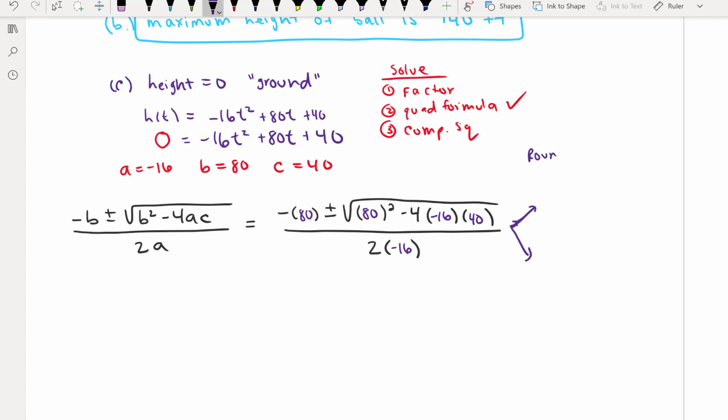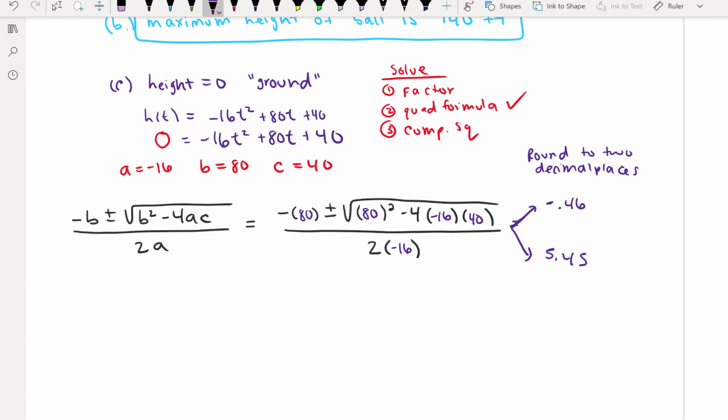So when I round to 2 decimal places, I'm going to get a negative 0.46, and I'm also going to get a 5.45. So let's think about this. What I have for my input is time.